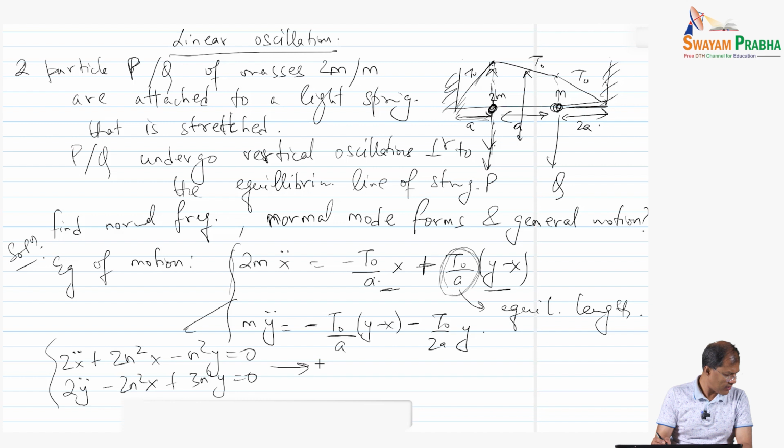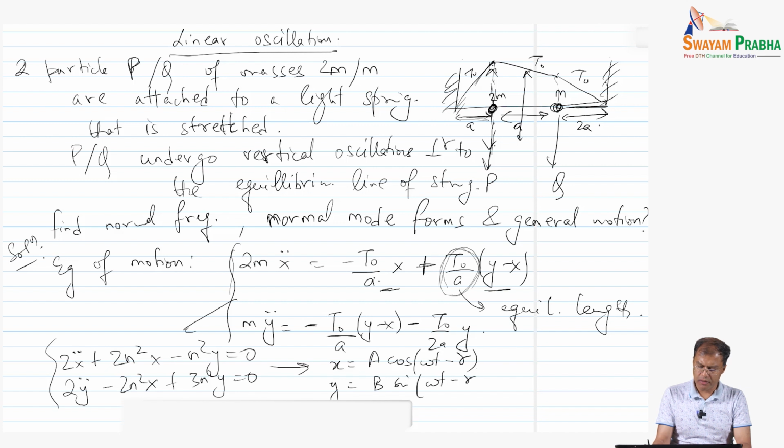And from here we find that my normal mode forms are x is equal to A cos omega t minus gamma and y is equal to B cos omega t minus gamma, right? And once we have assumed this form of the solution, we can plug it back into our system, and we see that our matrix looks as follows.